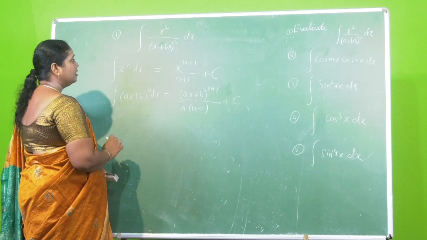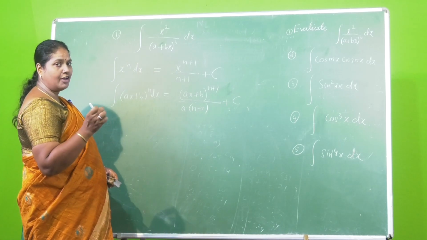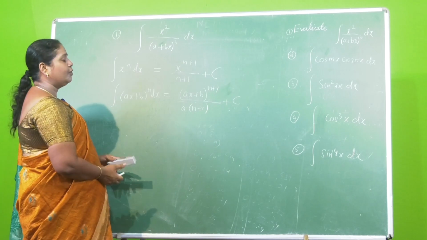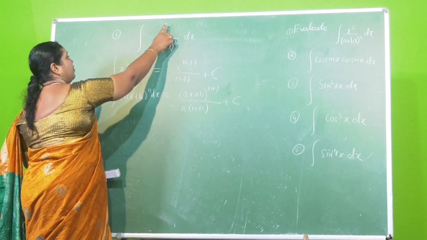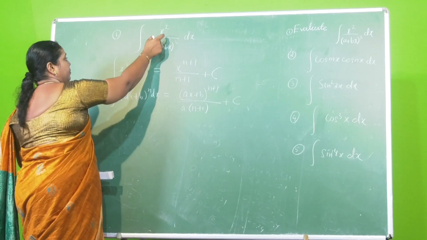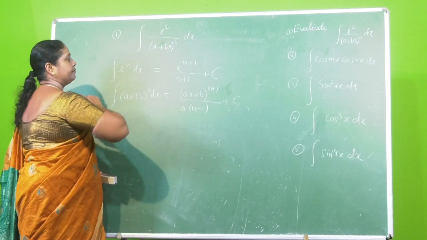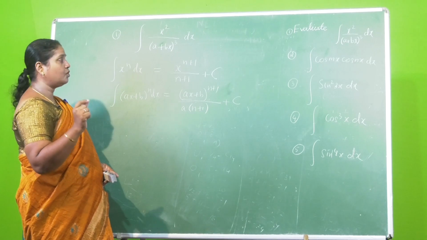Which term I am going to use for substitution, that we have to decide. Here our function is of the rational type, that is f of x divided by g of x. And the denominator is of the form a plus bx the whole cube.